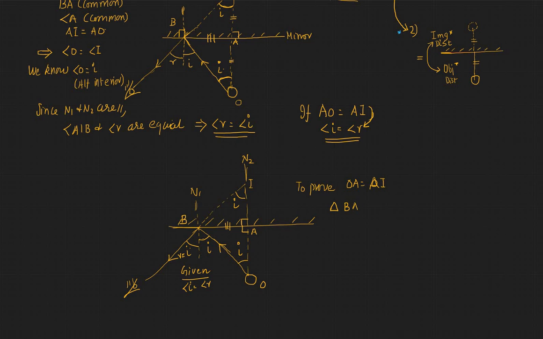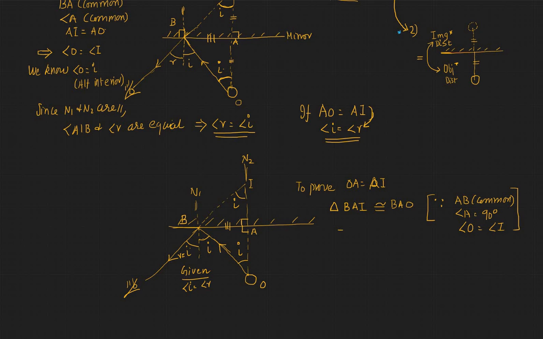Triangle BAI is congruent to BAO because AB is common, angle A is 90 degrees, and angle O equals angle I. So these two triangles are congruent.